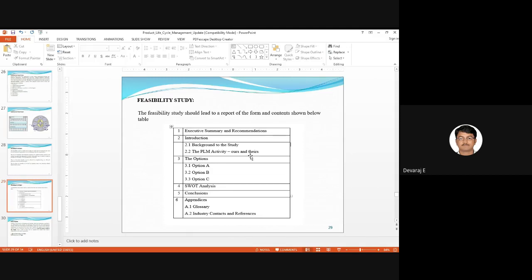Then you can see there are three options. This A, B, C is nothing but the idea generation. It may be idea generation, or they may go for different methods, or different technologies. This also depends upon the customer needs.